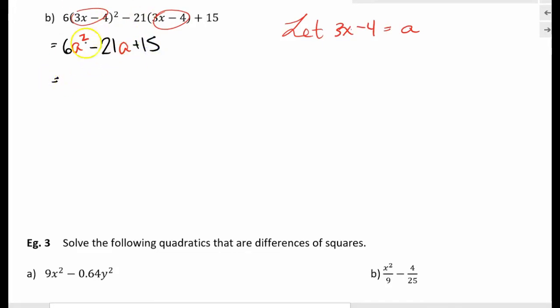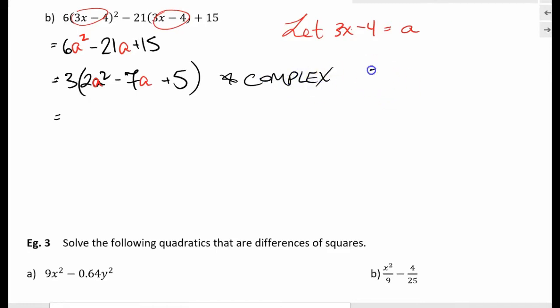Again, common factors. 21 divided by 3 is 7. 15 is 5. Again, I'm dealing with a complex trinomial.